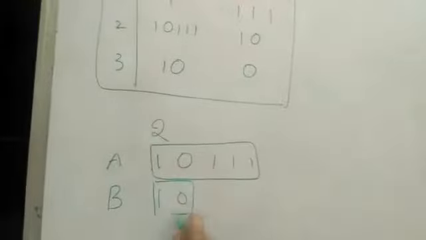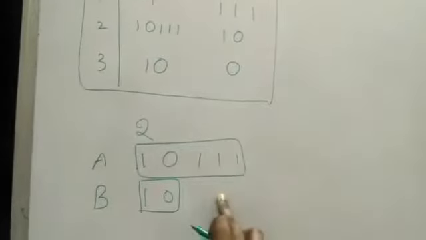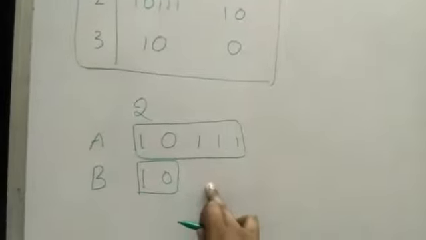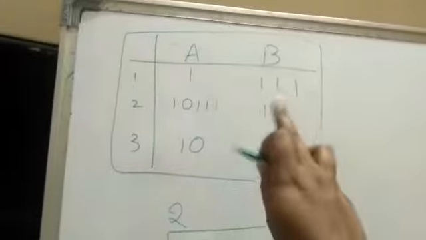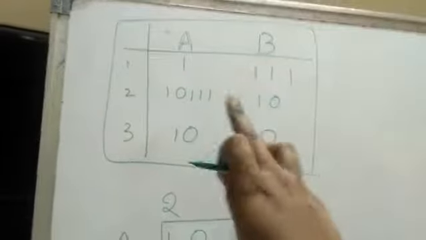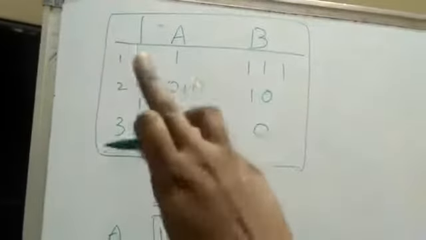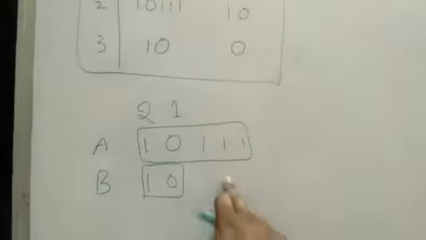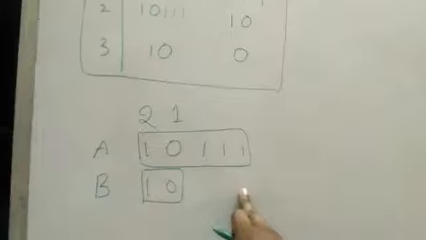Now I have to find something from B which will match with these 3 ones. I have an element in B which will match with these 3 ones, so my solution should consist of 1 in this one. So then I am taking my solution as 1. Now I have to write A1 and B1. If you think that after writing B1 you can stop, it's not at all a good idea.